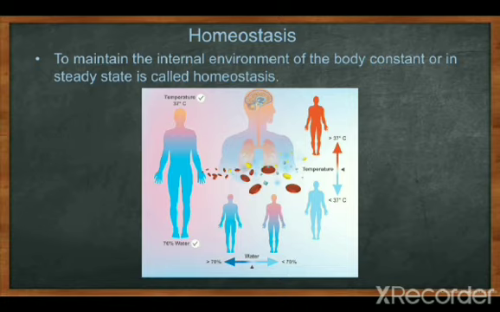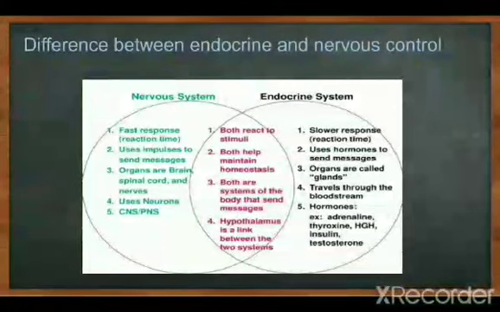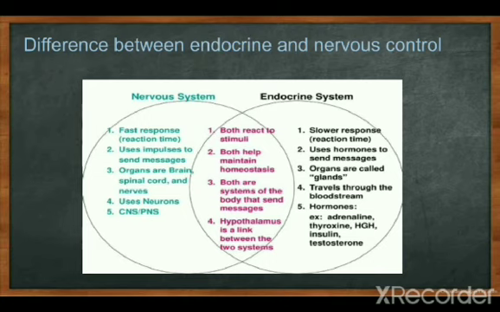Next is the difference between the nervous system and the endocrine system. This difference is very important, because in most examinations this question comes not for 1 mark but for 3 marks or 5 marks.